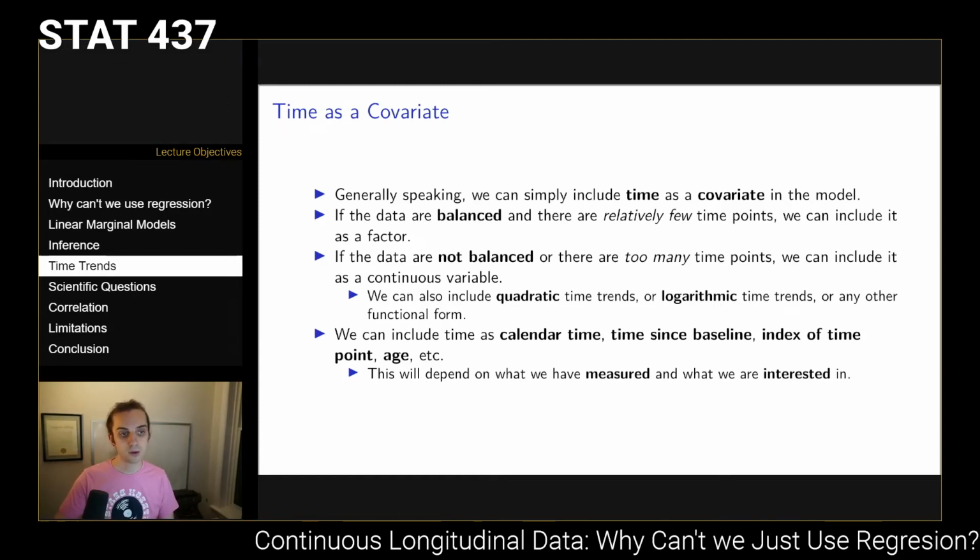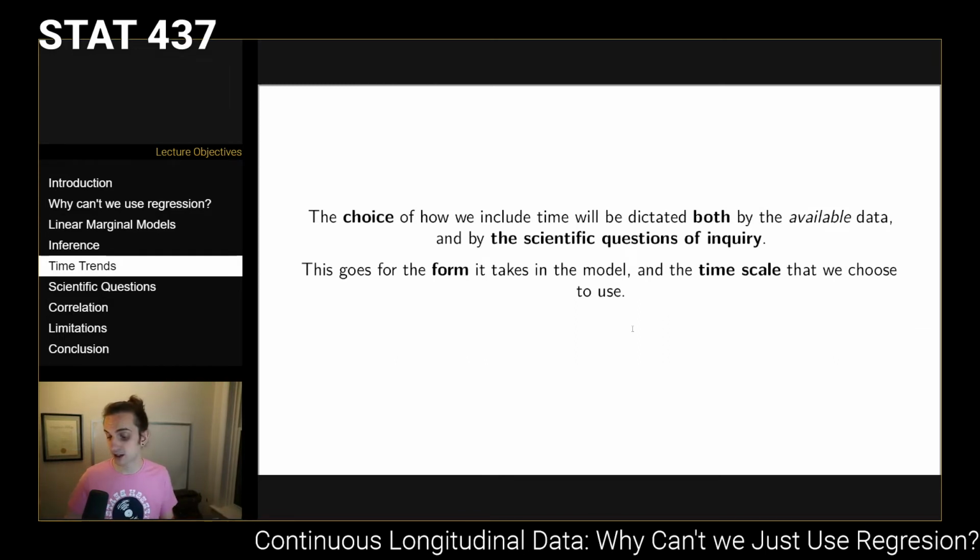So one point that's really important for this class, and I think generally speaking, it's important for advanced statistics, is that oftentimes the choices that we make are going to be dictated both by the available data, but also by what we're actually interested in, right?